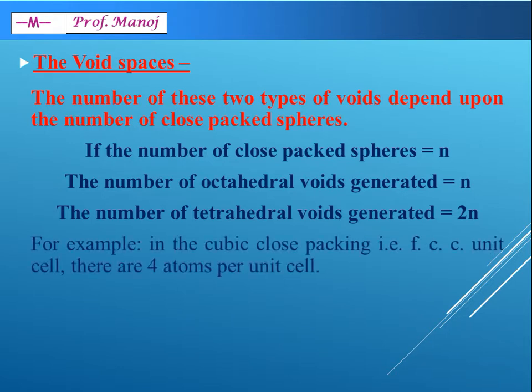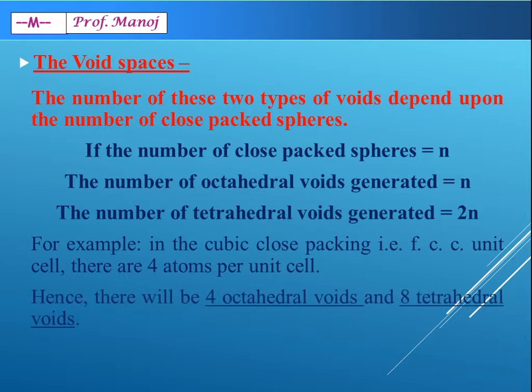For example, in cubic close packing or the face centered unit cell, we had seen earlier there are 4 atoms per unit cell. So my n value is right now 4. So how many octahedral voids will be there? 4 octahedral voids, and double the number, that is 8 tetrahedral voids, will be there.